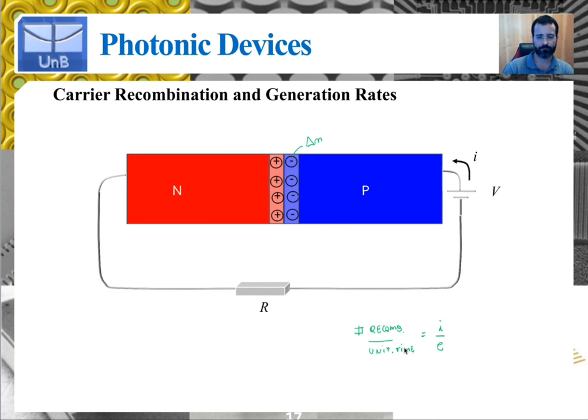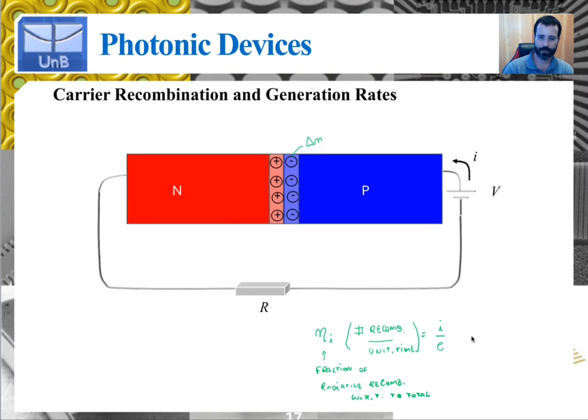And if we want the total number of radiative recombinations per unit time, we just multiply this by the internal quantum efficiency, because this is the fraction of radiative recombinations with respect to the total number of recombinations.